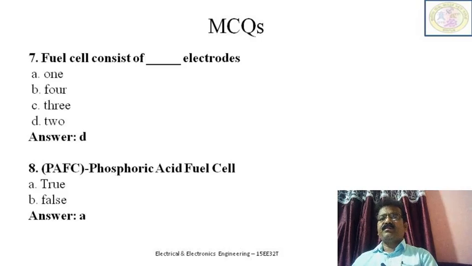The fuel cell consists of 2 electrodes, anode and also cathode. These two are made of porous materials. Therefore, the fuel cell consists of 2 electrodes. Answer is D.